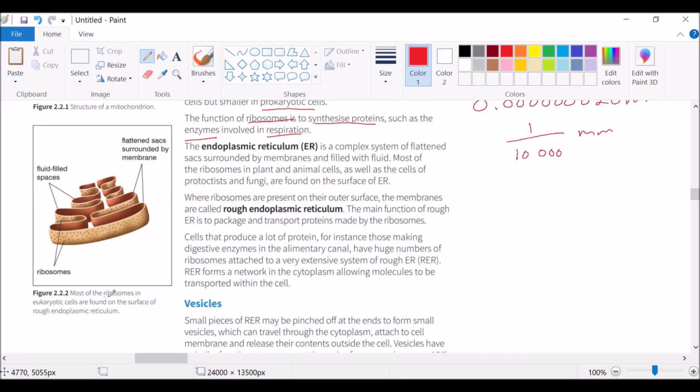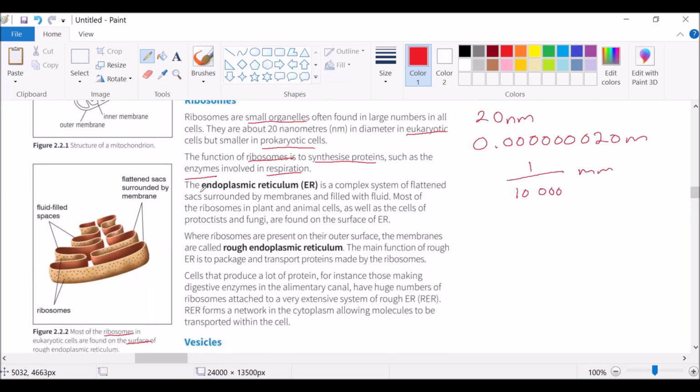Most of the ribosomes in eukaryotic cells are found on the surface of rough endoplasmic reticulum. The endoplasmic reticulum, ER, is a complex system of flattened sacs surrounded by membranes and filled with fluid.